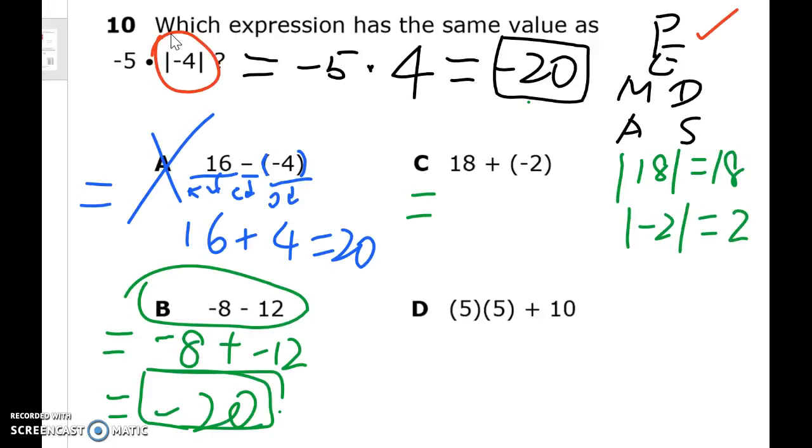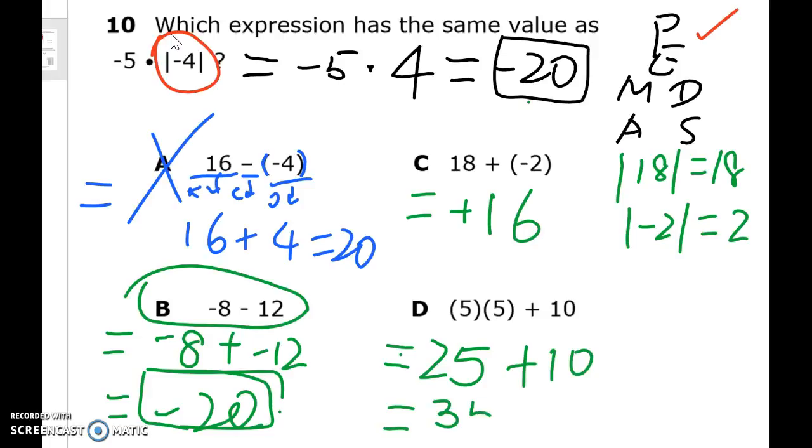So we keep the 18's sign, which is positive, and then we do subtraction. 18 minus 2, we get 16. And the two numbers in the parentheses are showing just multiplication. So 5 times 5 is 25, plus 10, 25 plus 10 is 35. So the only answer we have is B.